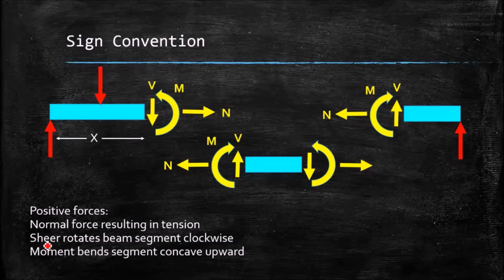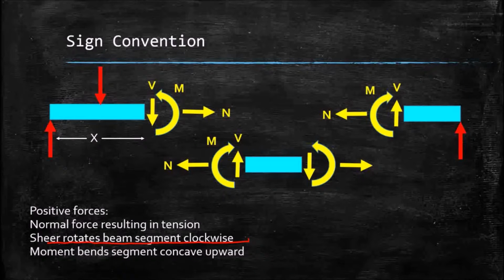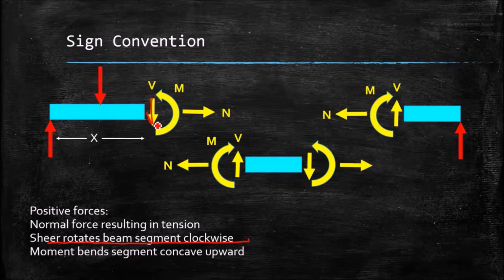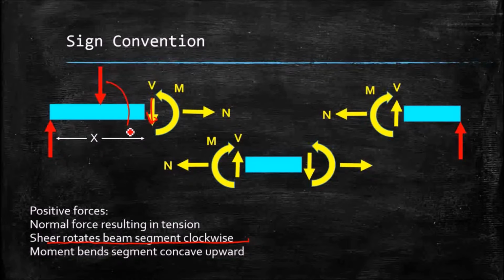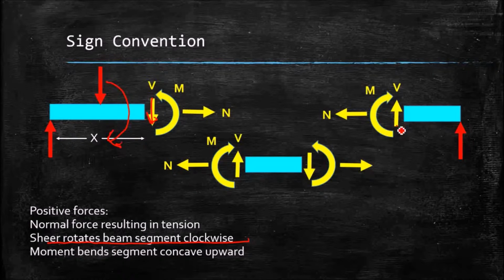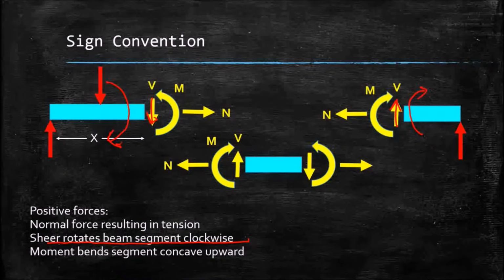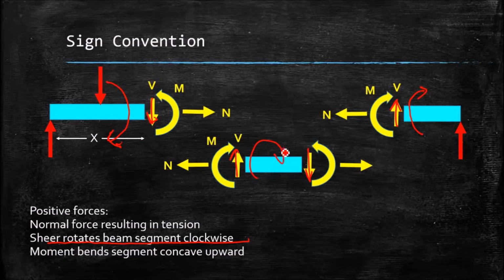We say that a shear force that rotates the beam segment clockwise is positive. So in this case, I have a force like that would cause this segment to rotate clockwise. That's positive. This force here pointing up would rotate it clockwise. That's positive. This pair of forces, again clockwise, again positive.